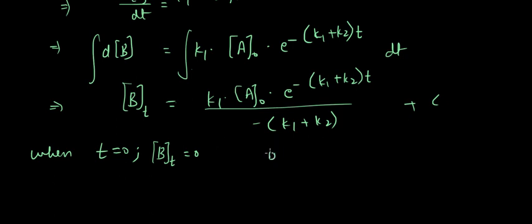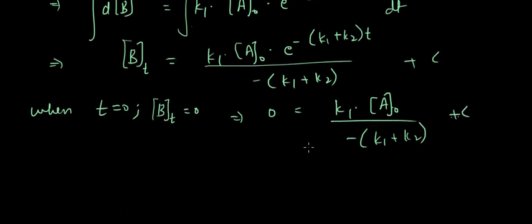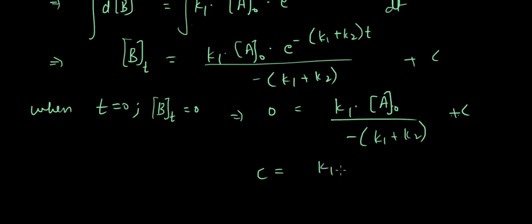So we will be getting 0 is equal to K1 times A naught divided by minus K1 plus K2. This would be plus c. So value of c would be K1 A naught divided by K1 plus K2.